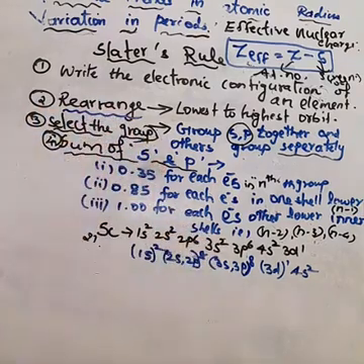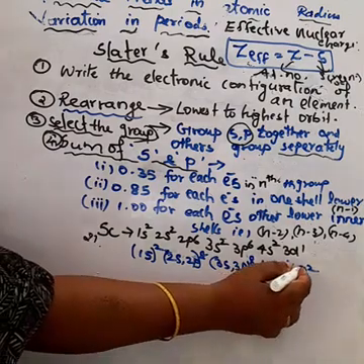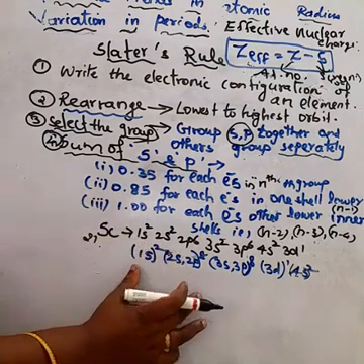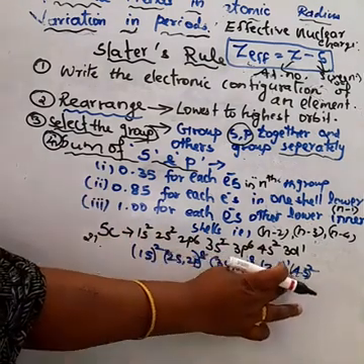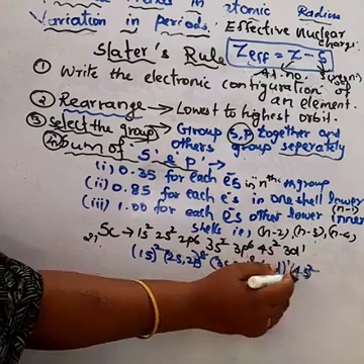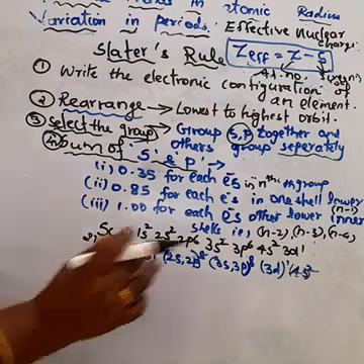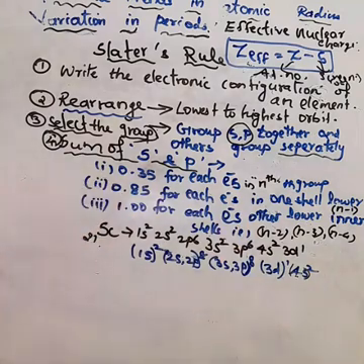Here let us calculate the effective nuclear charge on the 4s electron of scandium. I am taking scandium as the example. First I am going to calculate the 4s electron of the scandium atom. After calculating the 4s electron, I will calculate the 3d electron of the scandium atom. Understood?